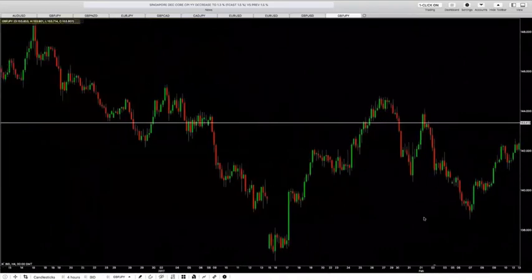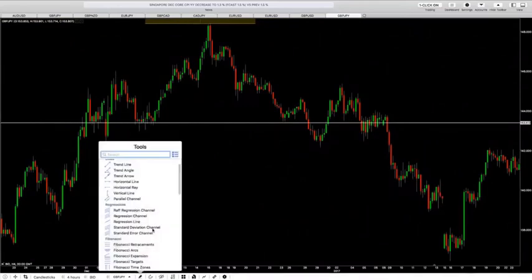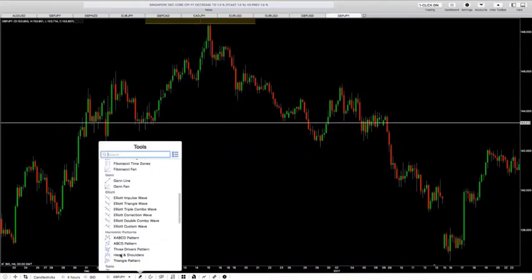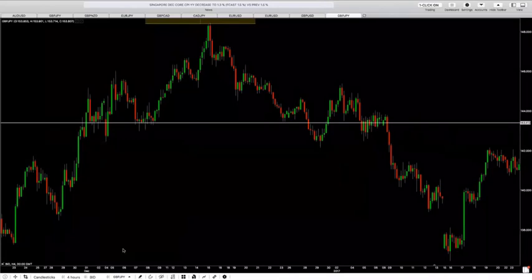Now remember, there are two ways to draw this. You could draw it with a fixed line going right across. But one thing you always have to remember is that nothing in the market is ever guaranteed. There's never going to be a specific entry point.